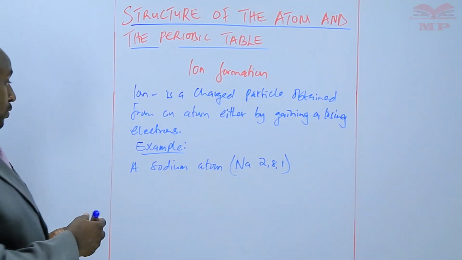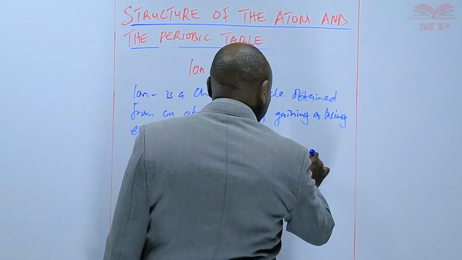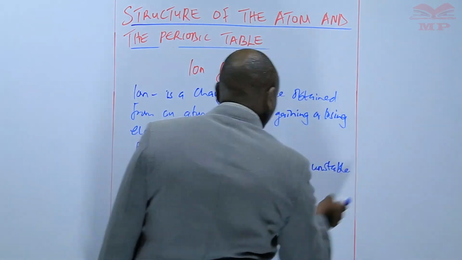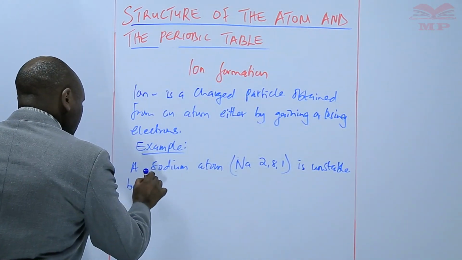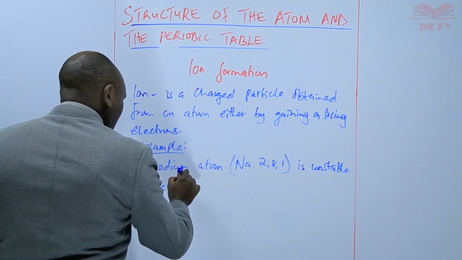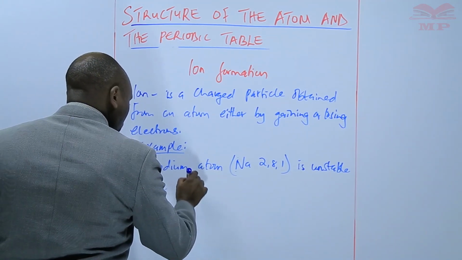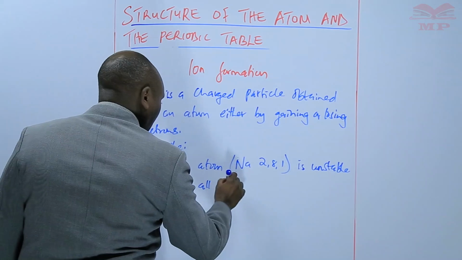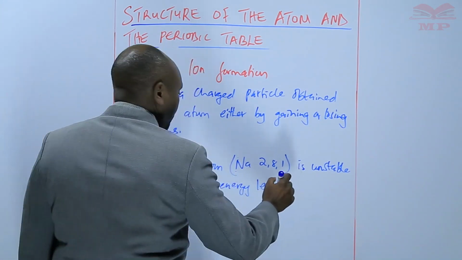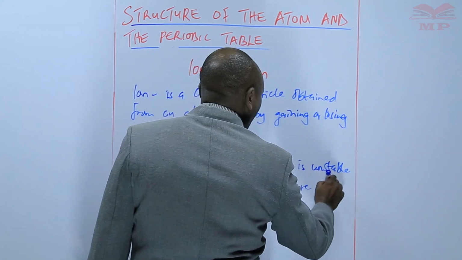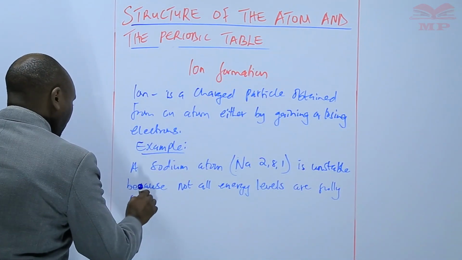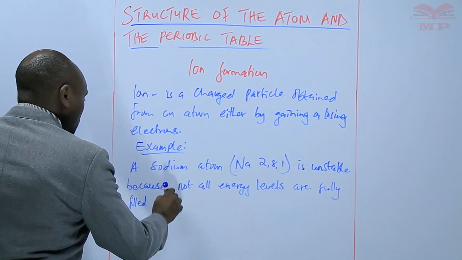So you can say that a sodium atom 2,8,1 is unstable because not all energy levels are fully filled with electrons.